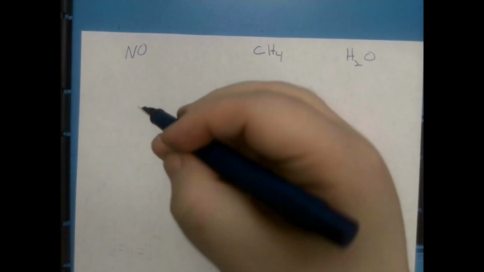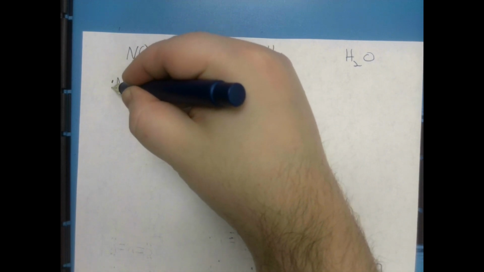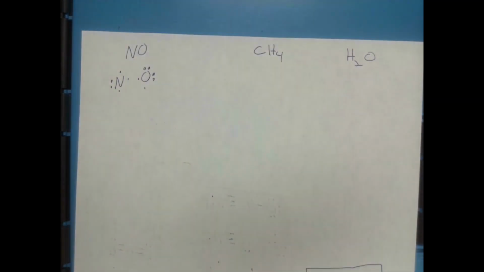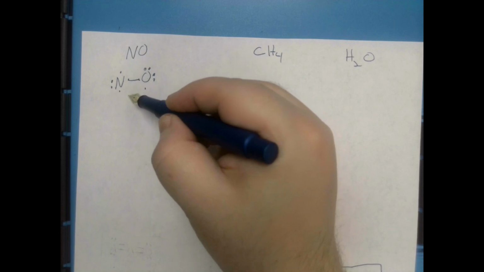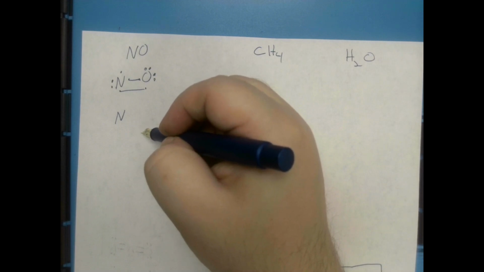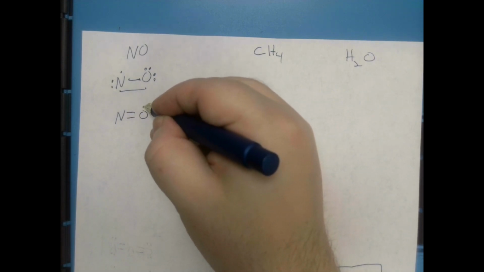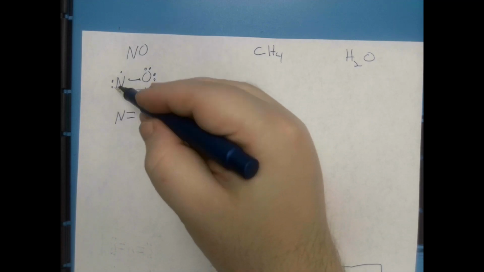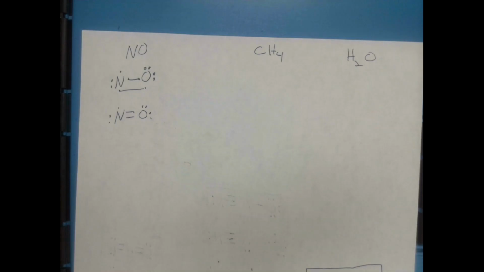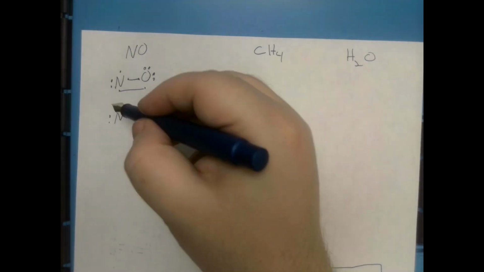Alright. So nitrogen. Oxygen. So again, we can see these two easily connected. These two easily connected. So we can create a double bond like this, which leaves one electron left.